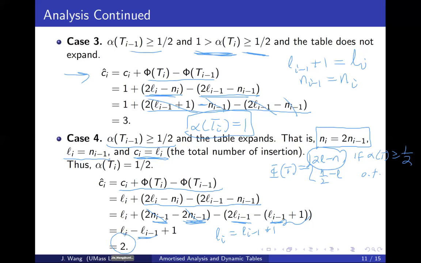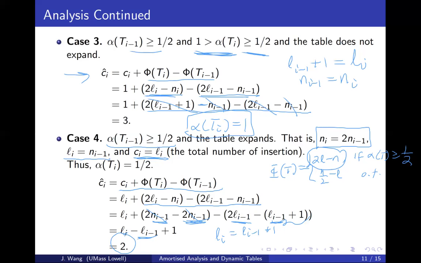That's what we get in this case. As you see, the amortized cost is still constant, even though you expanded the table and doubled the table size.